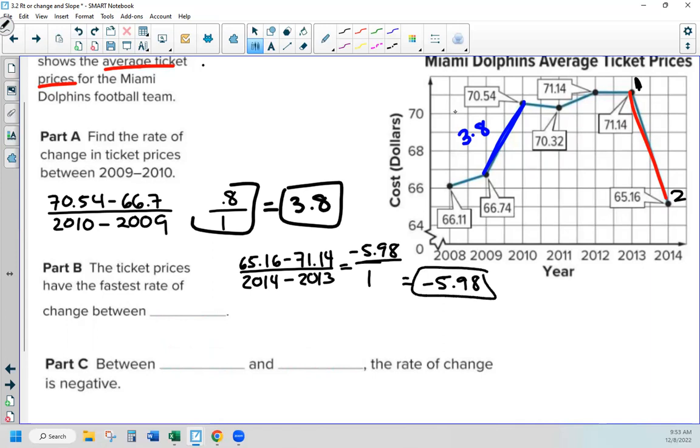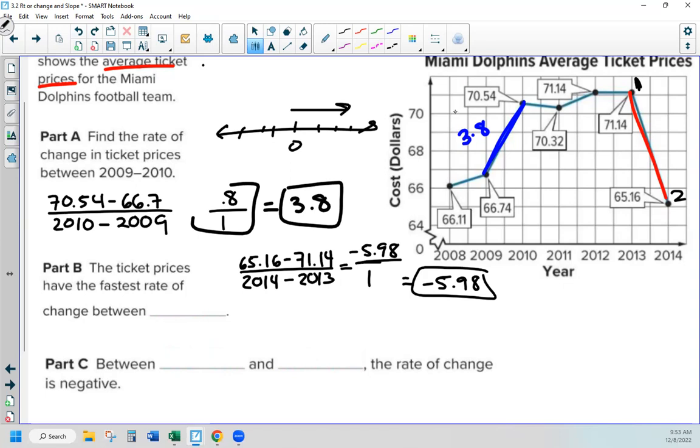Sometimes we like to look at it. Which number is a bigger, is a stronger number? And I don't want to ask you which number is more positive, which number is larger in value, because we know that on a number line, the numbers that are more to the right are larger because they're more positive.